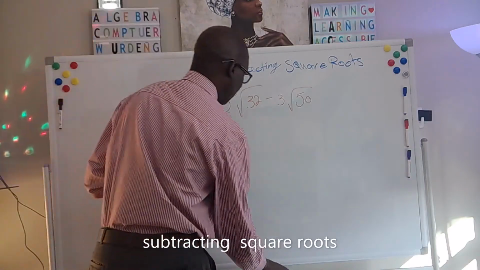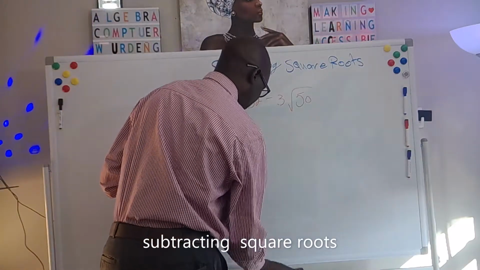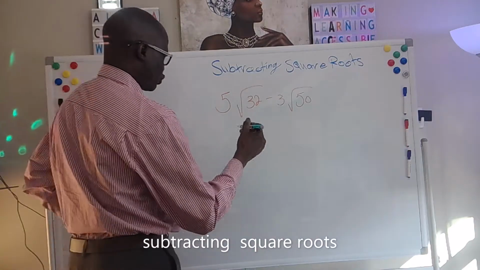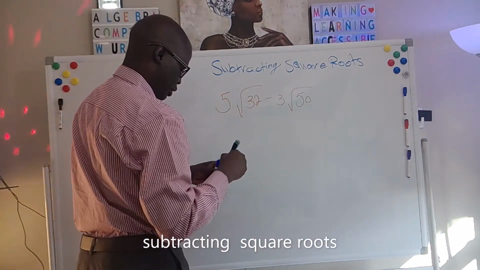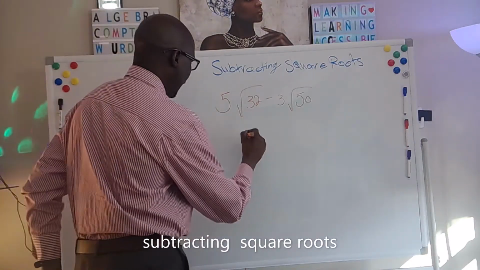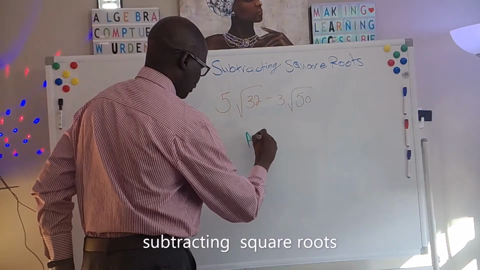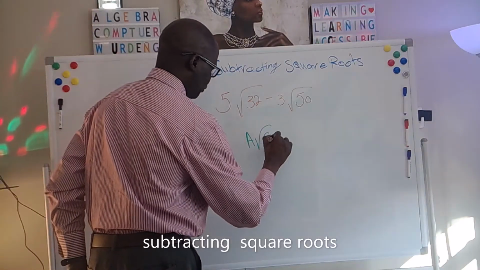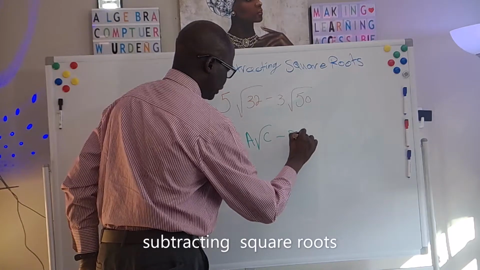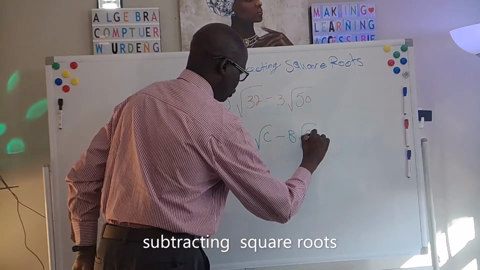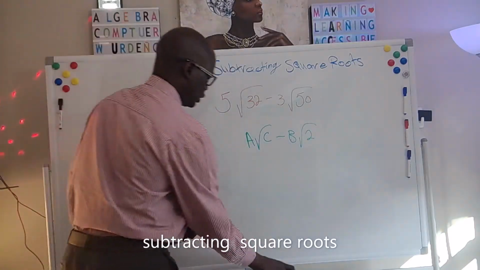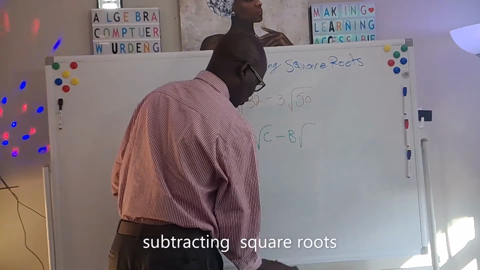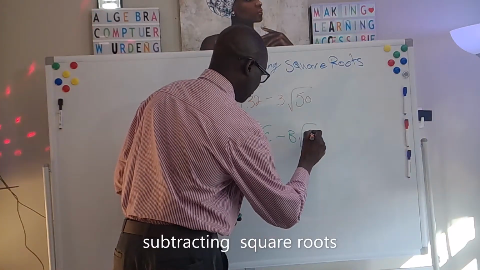So the rule we apply to solve this type of problem in subtraction, we say if you have A times the square root of C minus B times the square root of C, those square roots have to be similar.